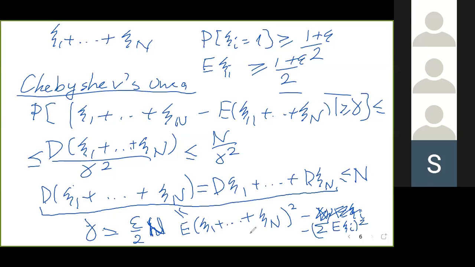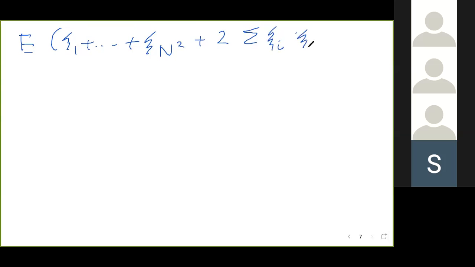Now we will use the distributive laws, and here we obtain the expectation of the sum, which is the sum of squares plus 2 times xi times xj.